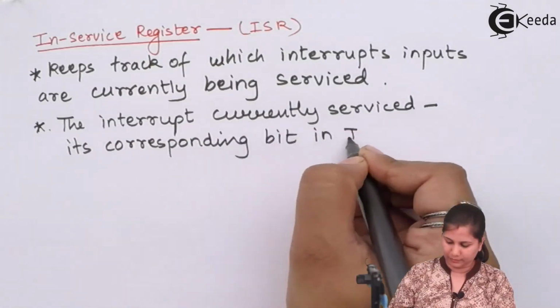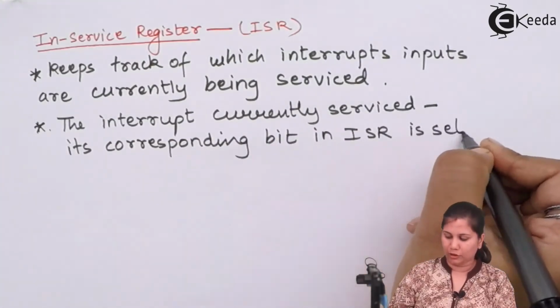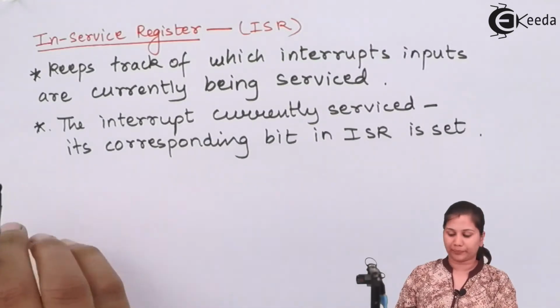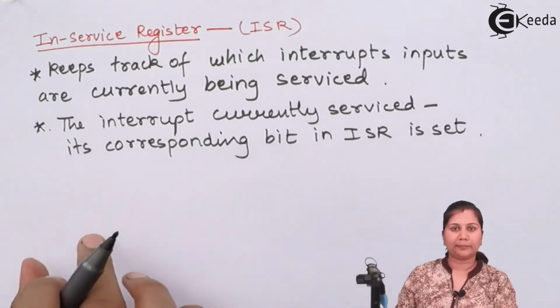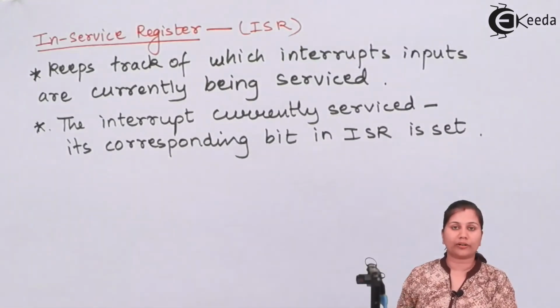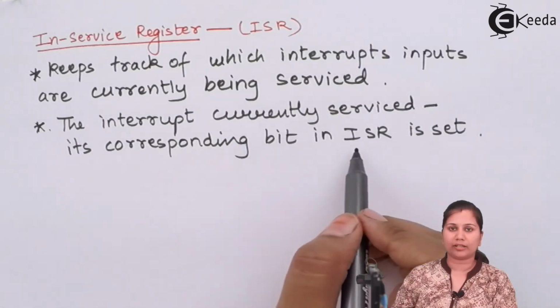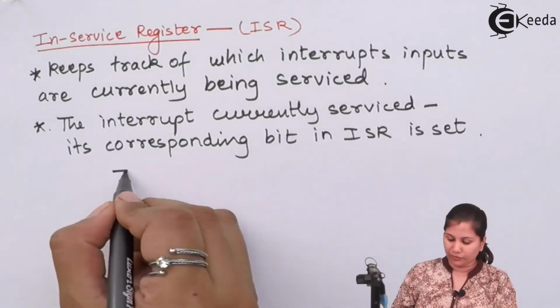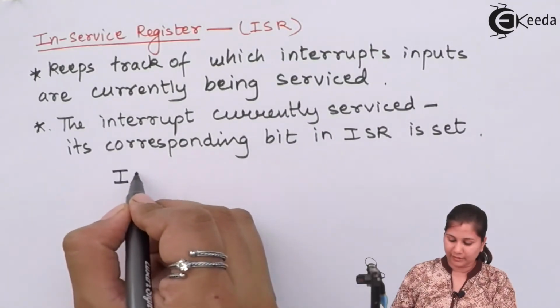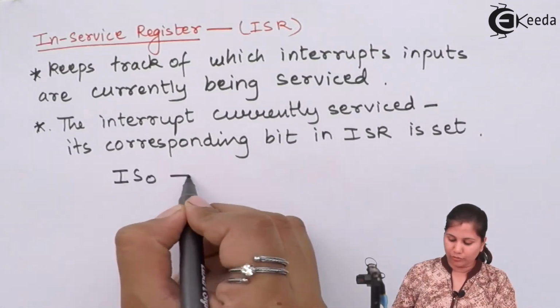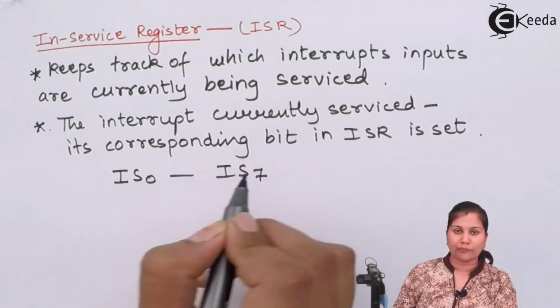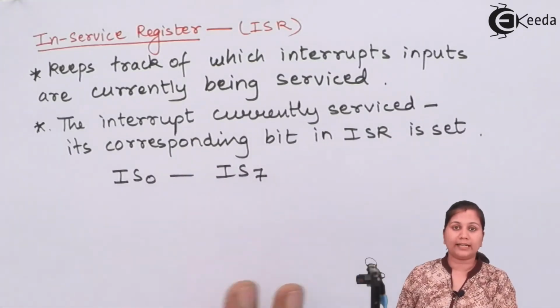So suppose any of the interrupts is currently being serviced, then the corresponding bit of that interrupt will be set in this in service register. So we will have IS0 to IS7 for all the 8 interrupts.